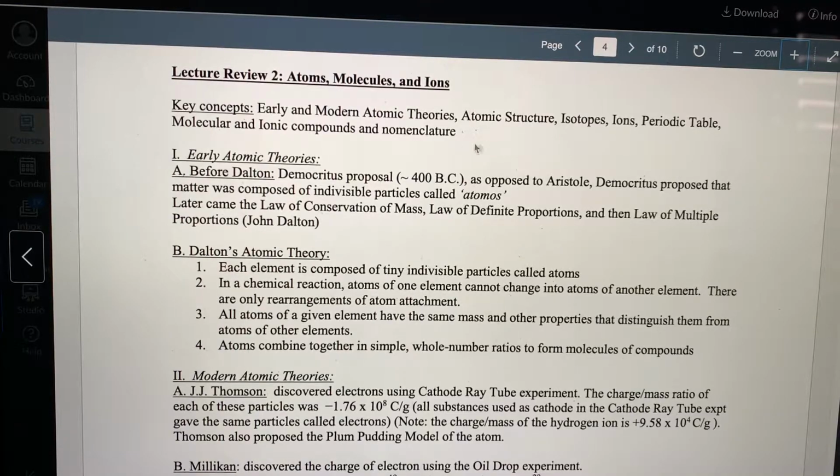Okay, let's start out with early atomic theories. Around 400 BC, Democritus proposed that matter was composed of indivisible particles called atoms.